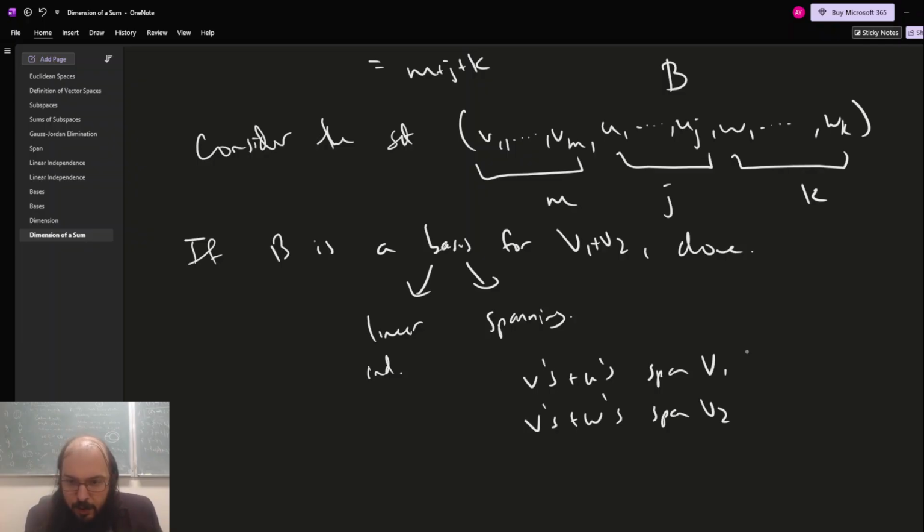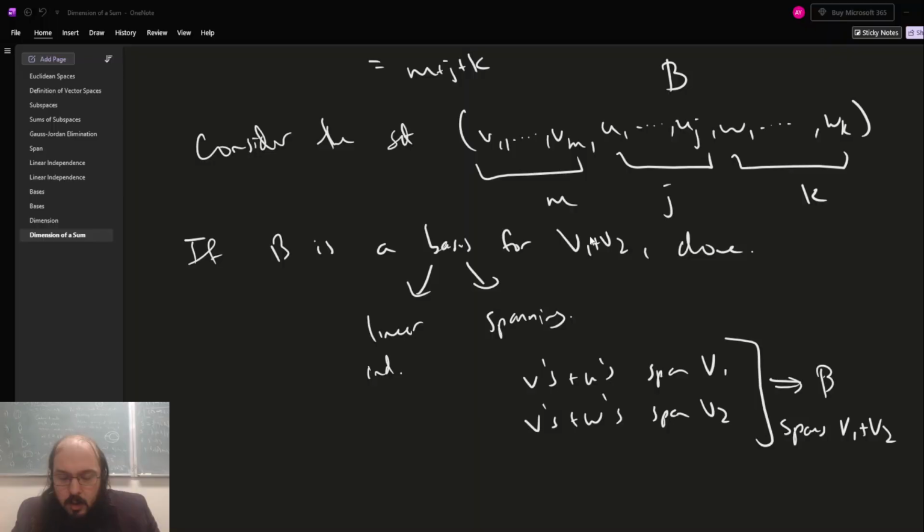Therefore B spans V1 plus V2. The interesting part of the proof then is to prove that it's linearly independent.